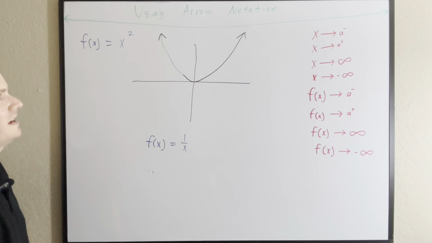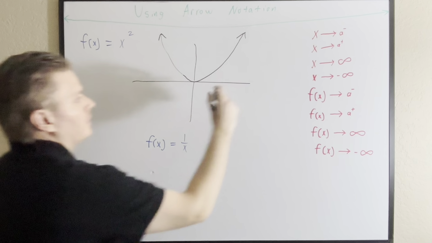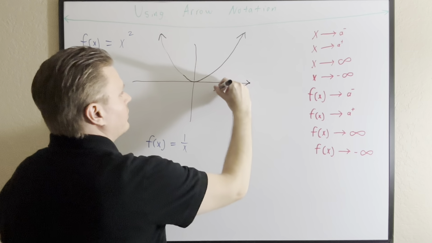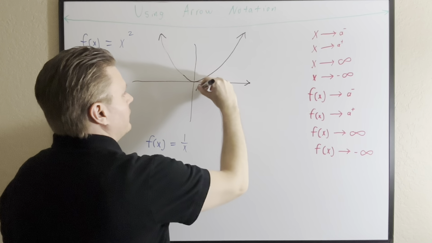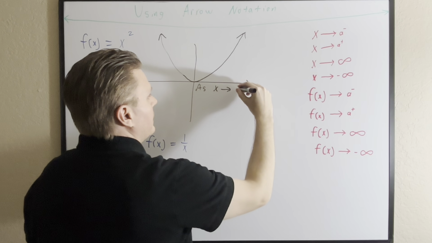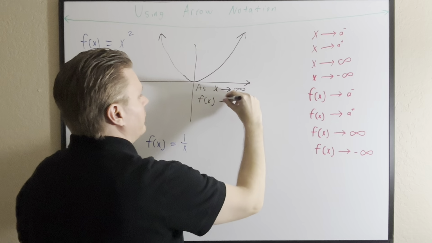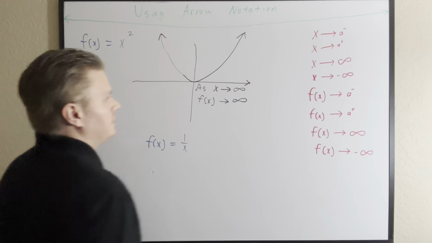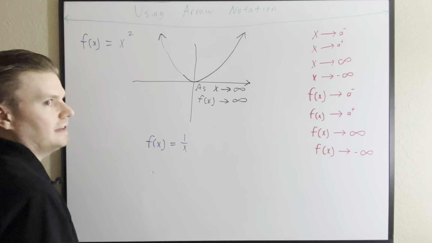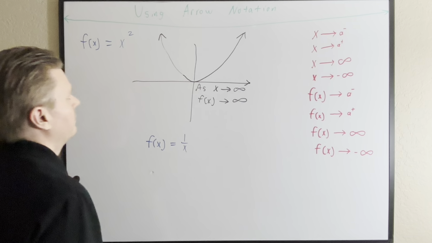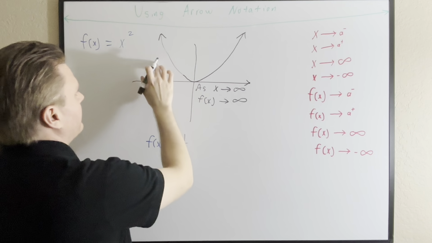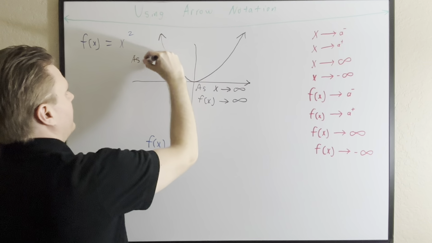Okay, kind of the same thing. As X approaches positive infinity, f of X is also approaching positive infinity. That's the same as the other one, right? Well, where's the difference? Well, maybe it's in this part.